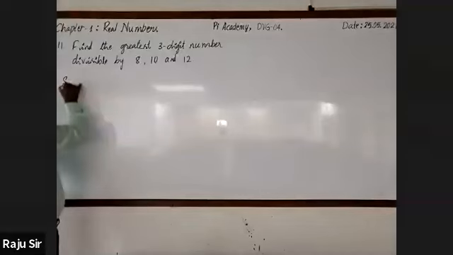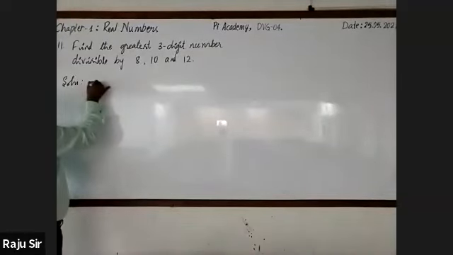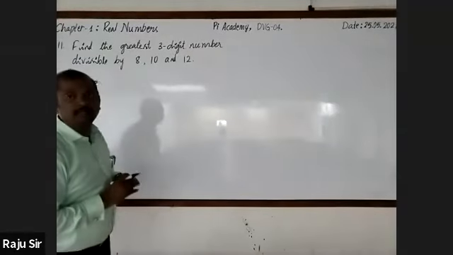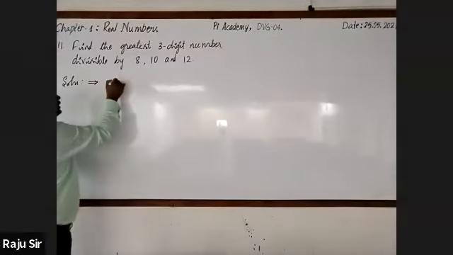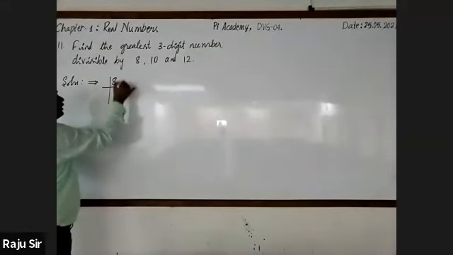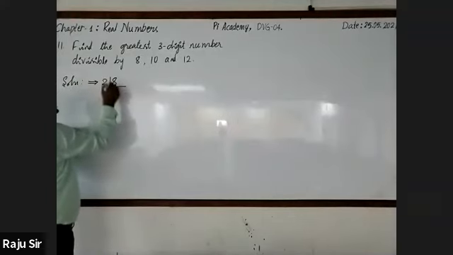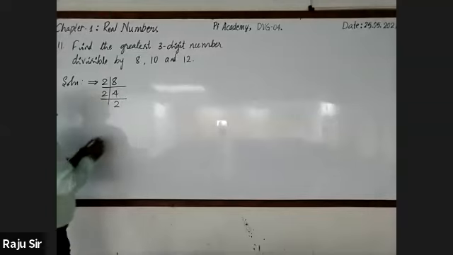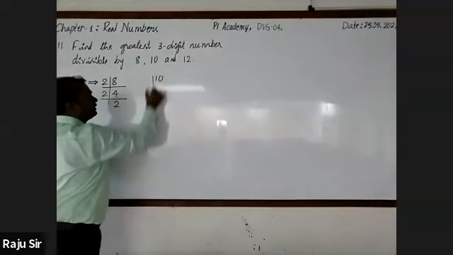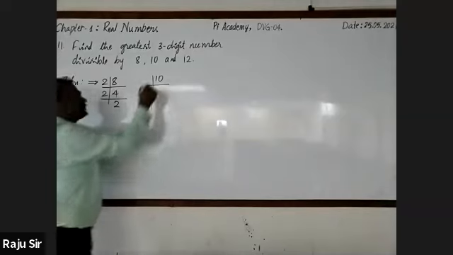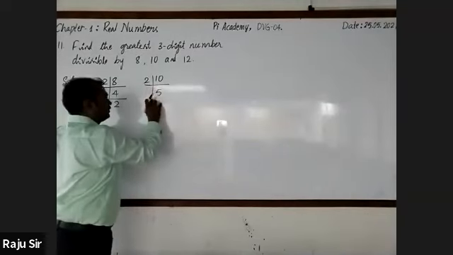To find the LCM, let me use the fundamental theorem of arithmetic. According to that, first let us find the prime factorization of each of these 3 numbers. 8 is 2 fours are, 4 is 2 twos are. Next 10 is 2 fives are.